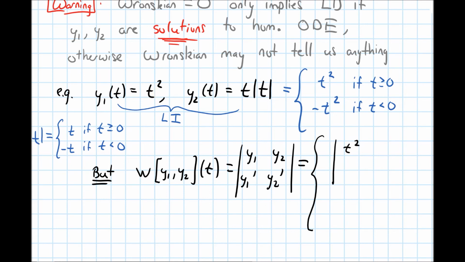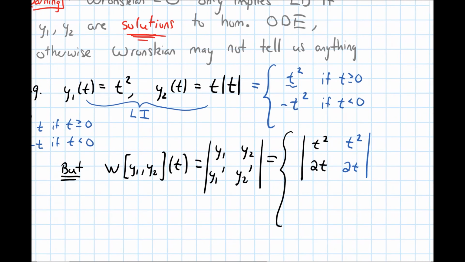Its derivative is 2t. And now y2 is sometimes t squared in this top piece. And if it was t squared, its derivative would be 2t. So that's what the Wronskian would be if t is greater than or equal to 0.